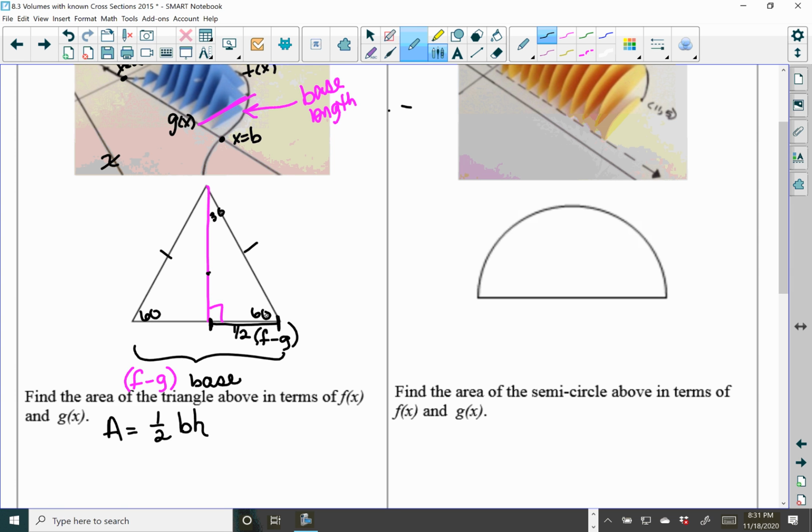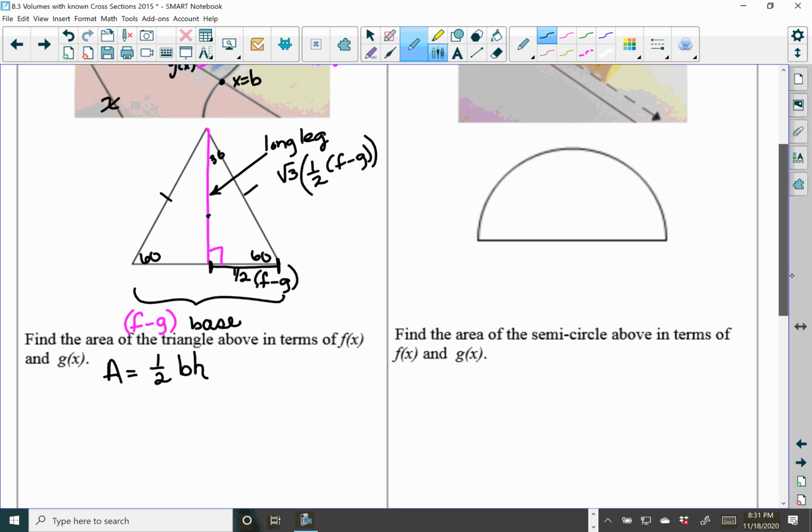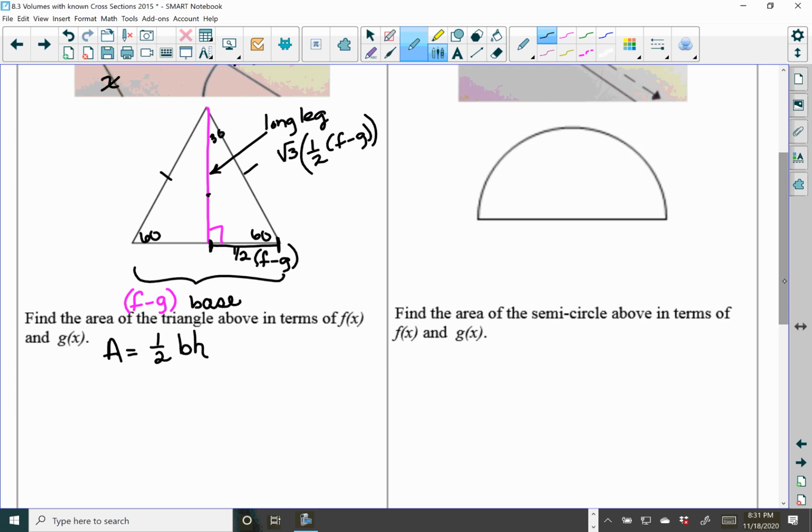And if that is the short leg, we can multiply by square root 3 and get to the long leg. So long leg, if you remember from your 30, 60, 90 right triangles, it will be root 3 times the short leg, 1/2 f minus g. So I now have my altitude, and I can come into this formula.